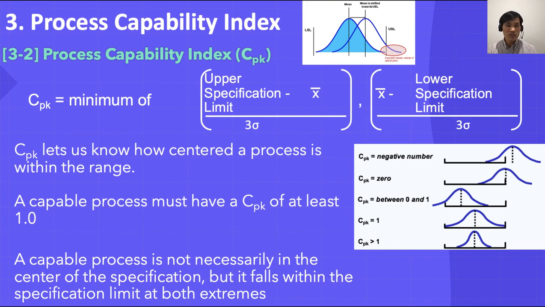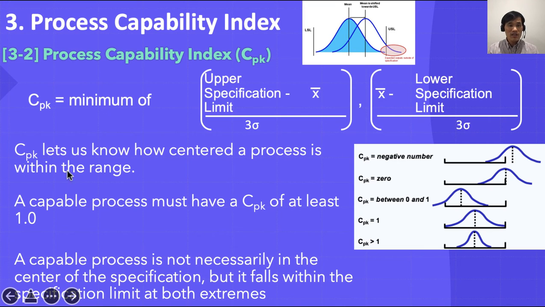Here's the formula for Cpk. Minimum of upper specification limit minus X bar over 3 sigma, or X bar minus lower specification limit over 3 sigma. So you choose the lower value of either one.